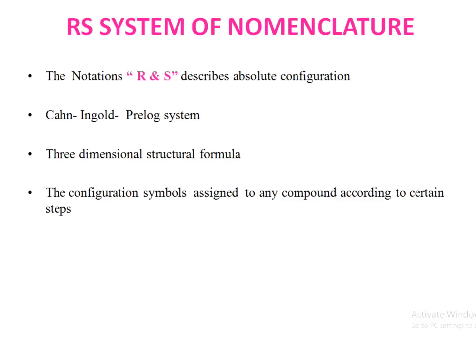A compound containing a chiral carbon atom may have either R configuration or S configuration. This system does not provide the sign of optical rotation, but the DL system provides the sign of optical rotation. The configuration symbols R and S are assigned to any compound according to the following steps.